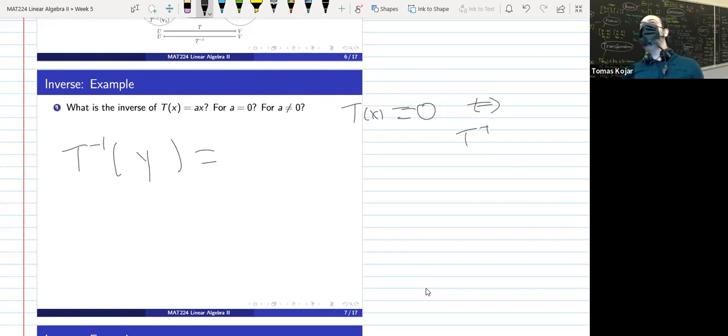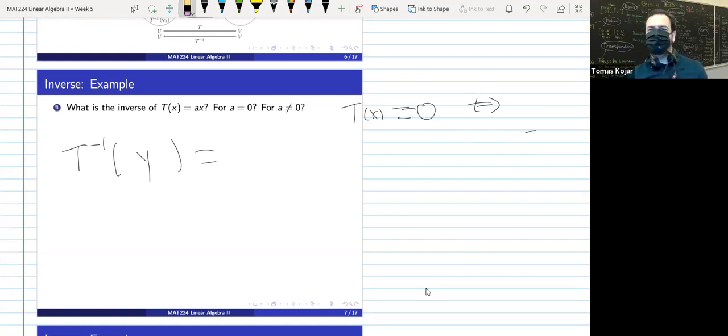I just want to make sure you're all okay. So what will be the inverse of the 0 map? Right, as you have scalar multiplication, then you're not injective. Okay, thank you.